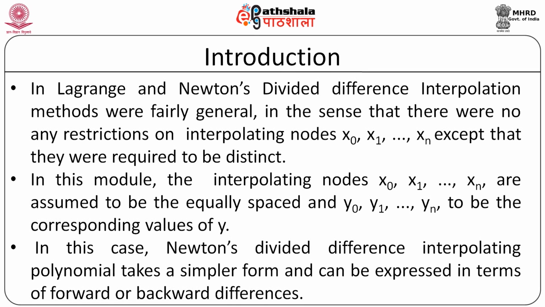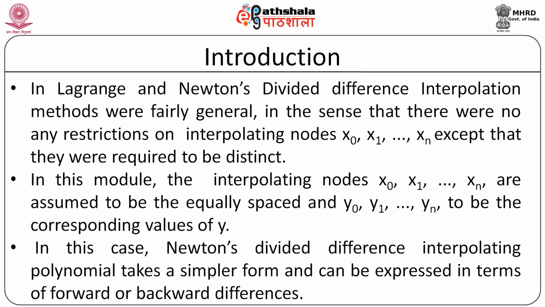This is because many times many processes are observed at regular intervals of time. So, if we have additional information that the nodes are equally spaced, can we take advantage of that information and get somewhat simpler formulae for interpolation problems?